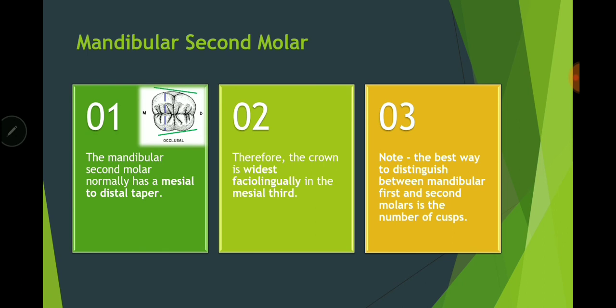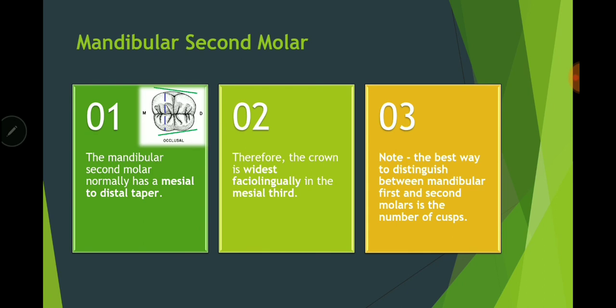Facial lingually, the crown is widest in the mesial third, because it's tapering from the mesial to the distal. So that means the mesial side is wider than the distal.